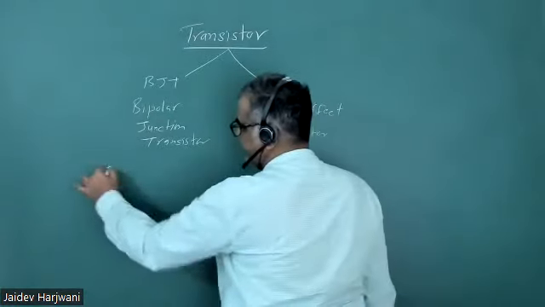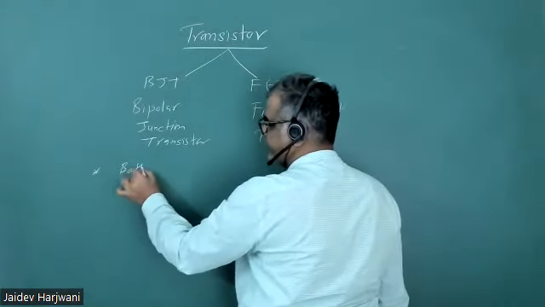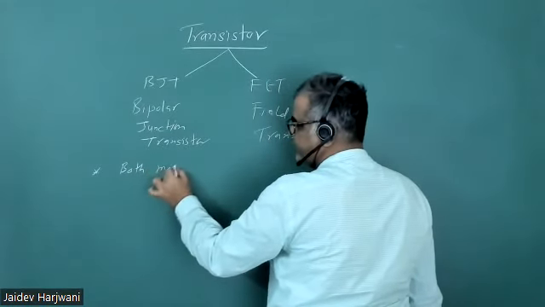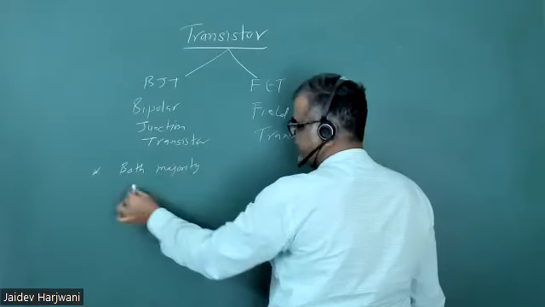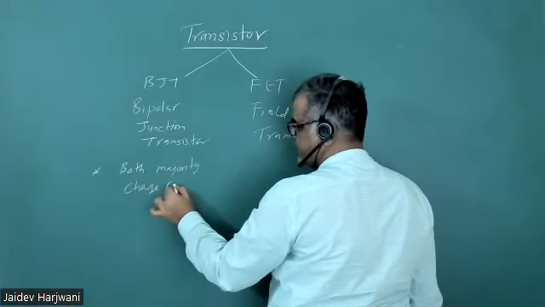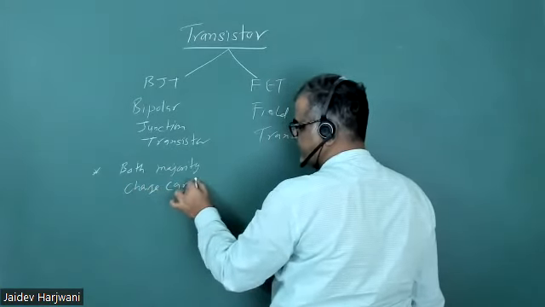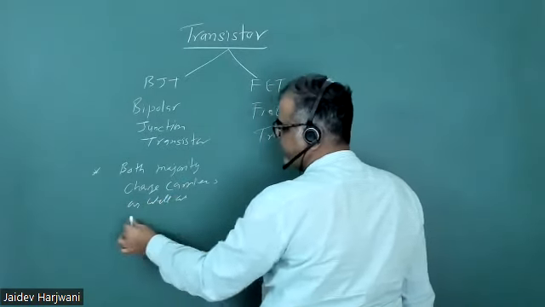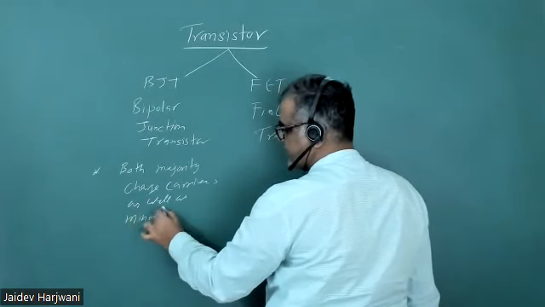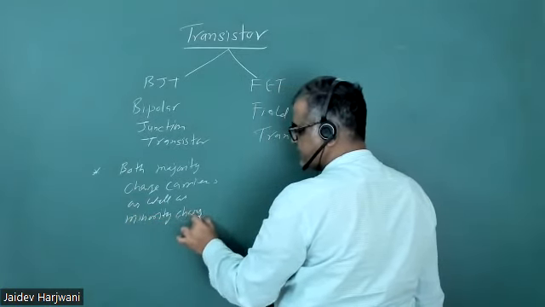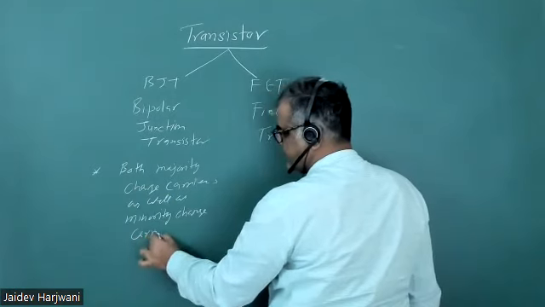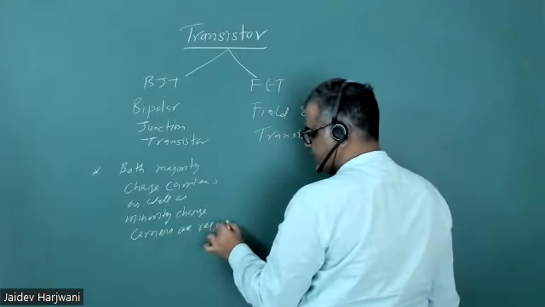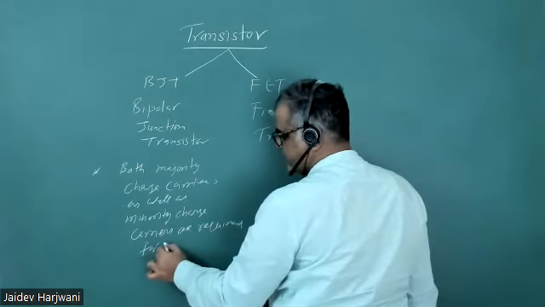So I can write here: both electron and hole, or majority charge carriers as well as minority charge carriers, are required for operation.